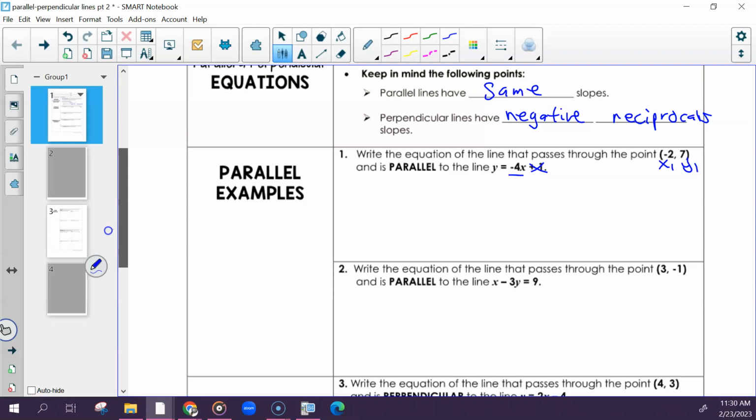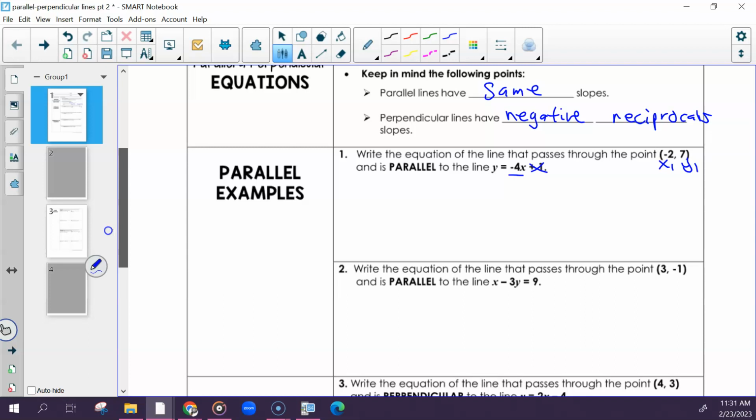Our new equation has to be parallel to this one. So what would that slope be? Feels like a trick question, but it's not. If it's parallel, and we know they have to be the same, what would that slope be? Say it louder. -4.